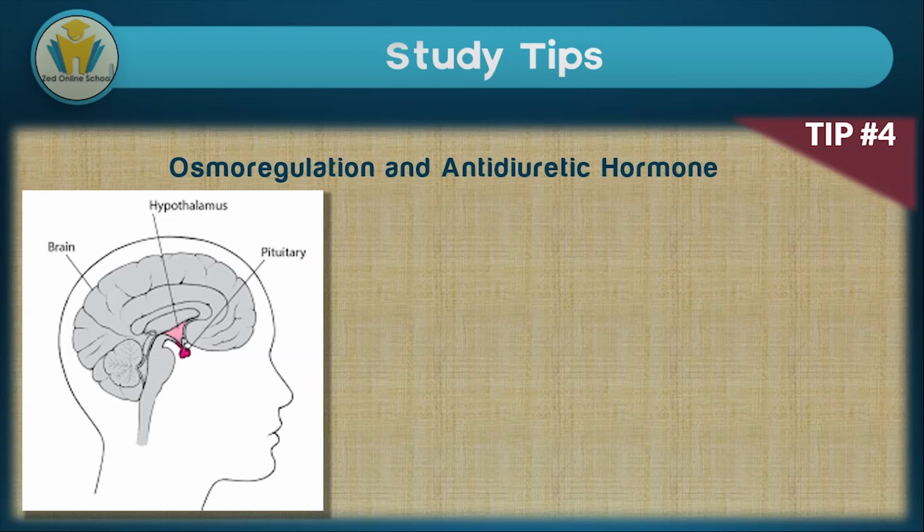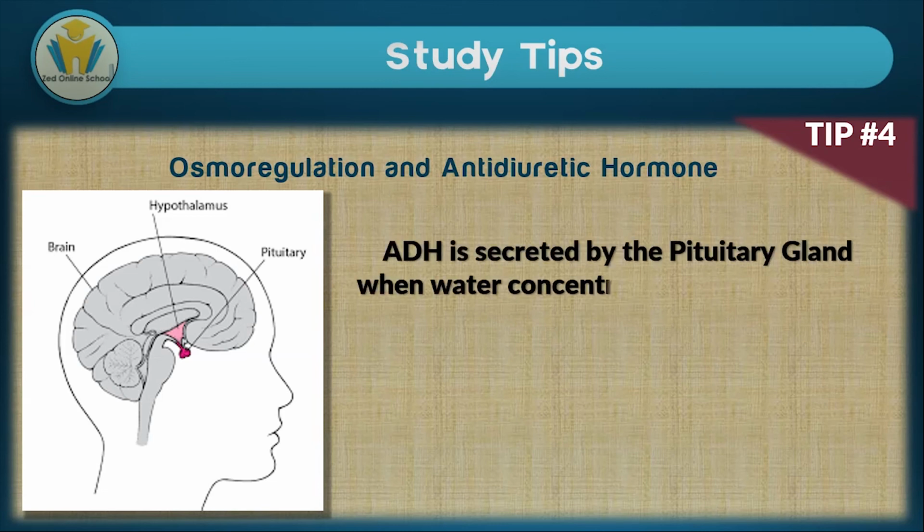Now, how does osmoregulation get affected by antidiuretic hormone? It happens like this. As blood is passing through the pituitary gland, this gland senses the water concentration in blood. After it senses the water concentration in blood, it checks if it's low. Let's say in this case it was low.